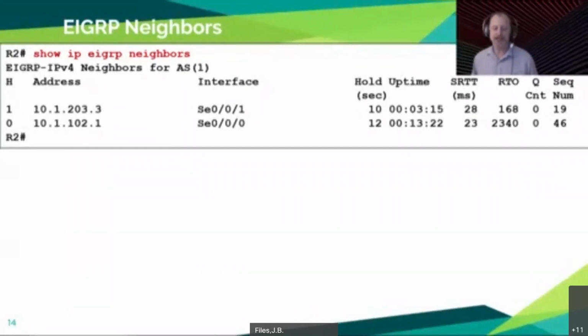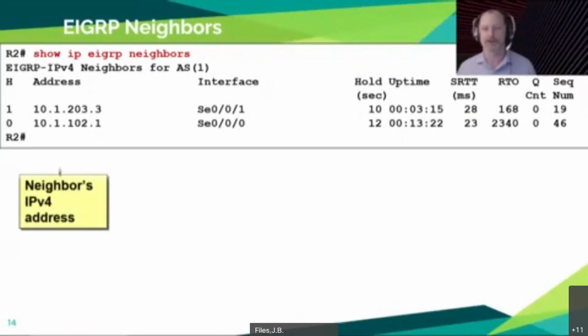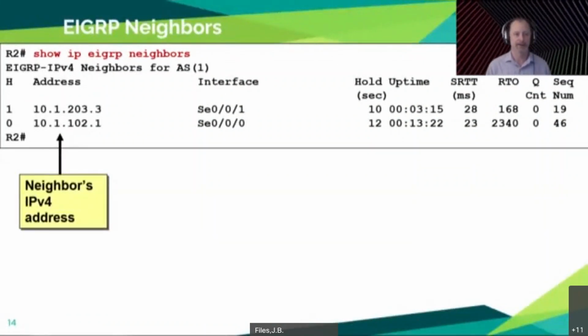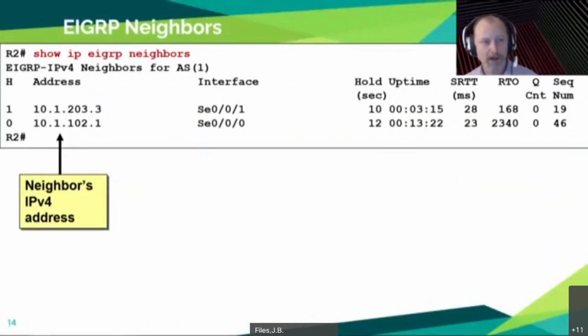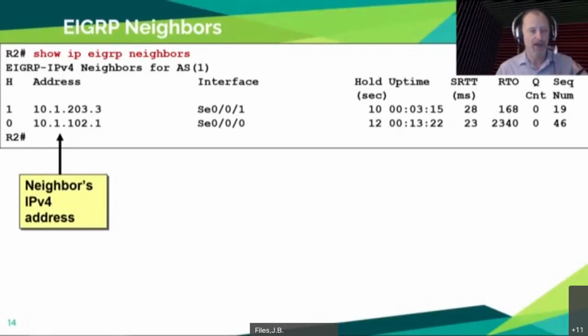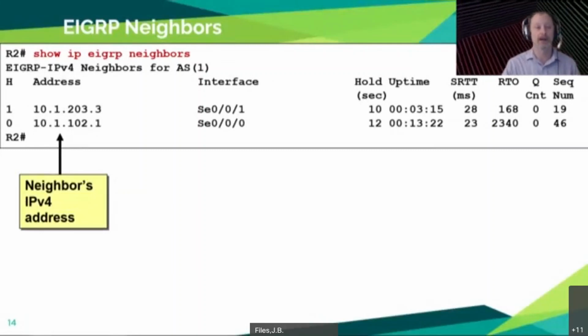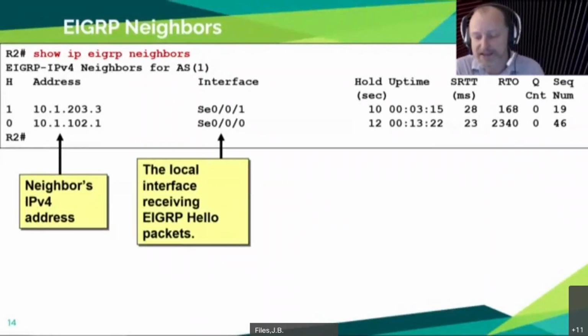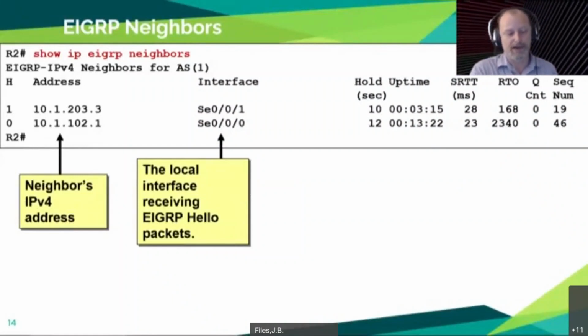Okay. So the show ip eigrp neighbors command is going to show us our neighbors. So here is the IPv4 address of the neighbor. Okay. And that is the next hop address to that neighbor. That's not the router ID. Then this is our local interface. Okay.